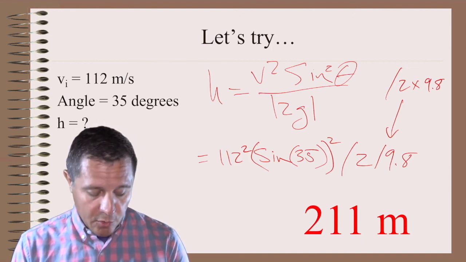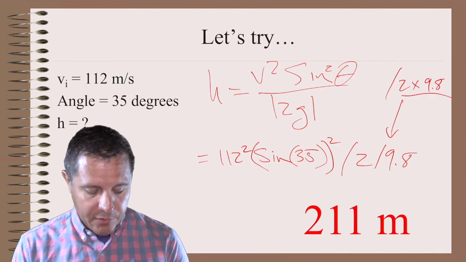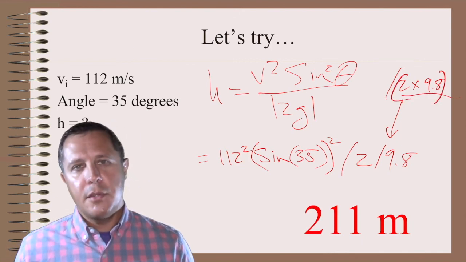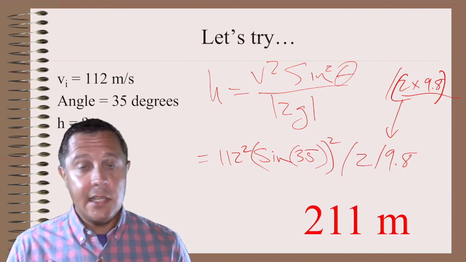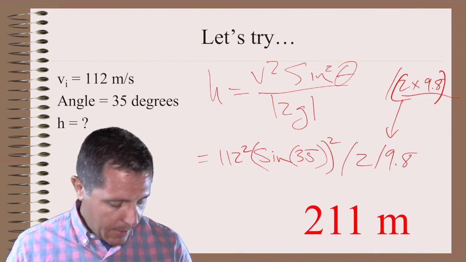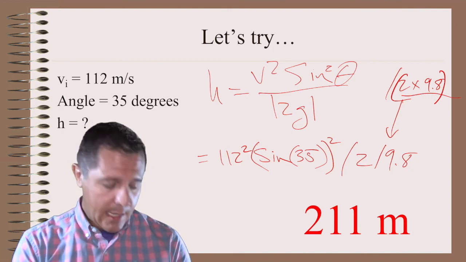Okay? You could also do parentheses. So if you really have to do it that way, then you really need to have parentheses holding together the 2 and the 9.8. But I think it's easier to say anything on bottom I'm going to divide, and I'd say divided by 2 divided by 9.8, and I should get the right answer.